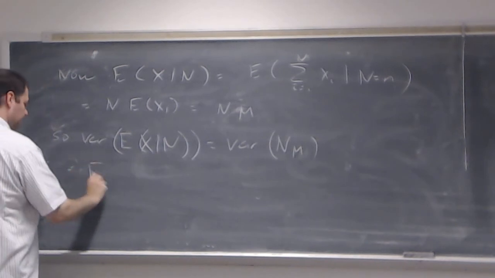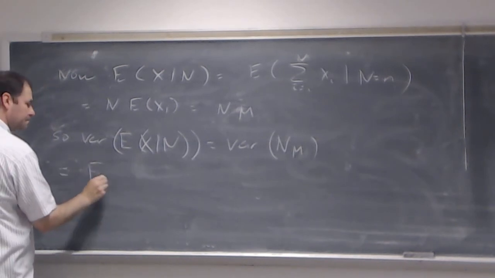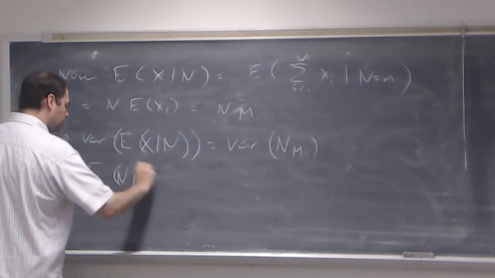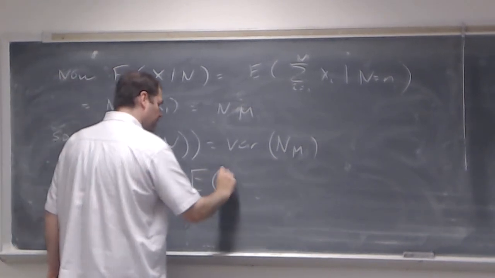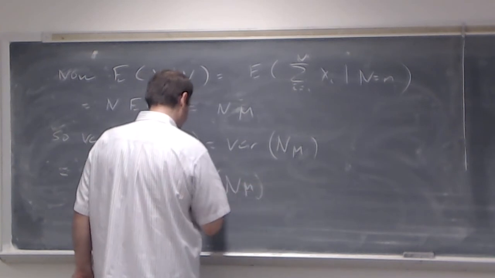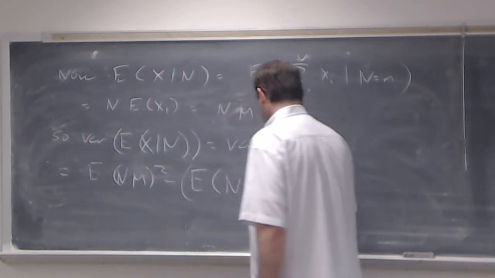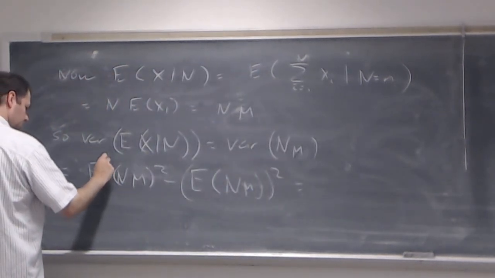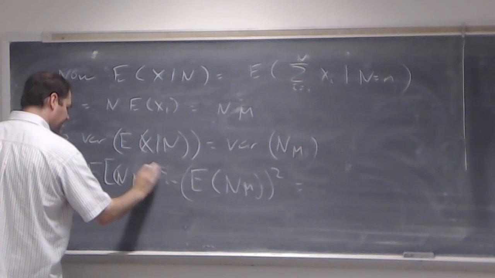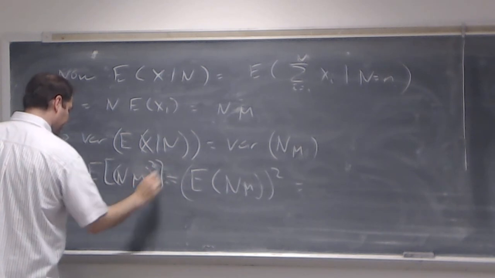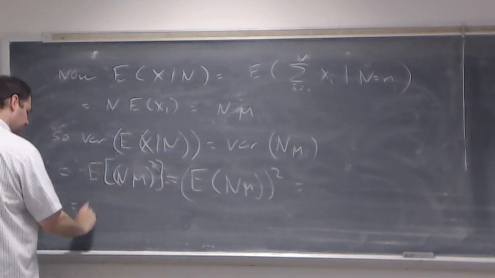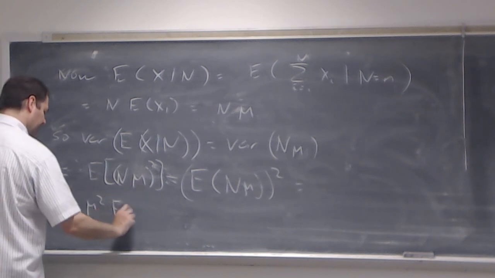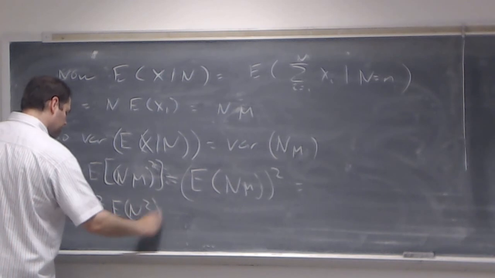Remember what that's going to be equal to. That's equal to the expected value of (n mu) squared minus (the expected value of n mu) squared. And so I can square this out and take its expected value, and so the mu squared can be pulled out of the expected value of n squared.